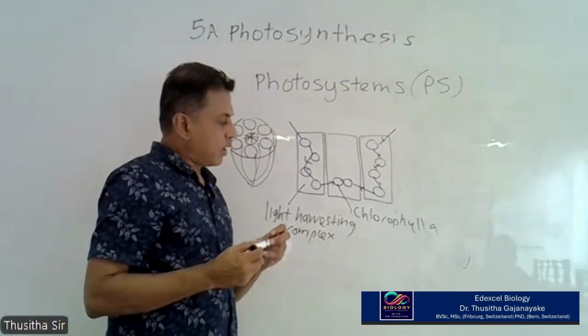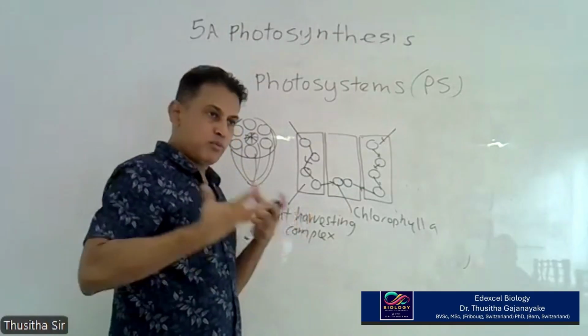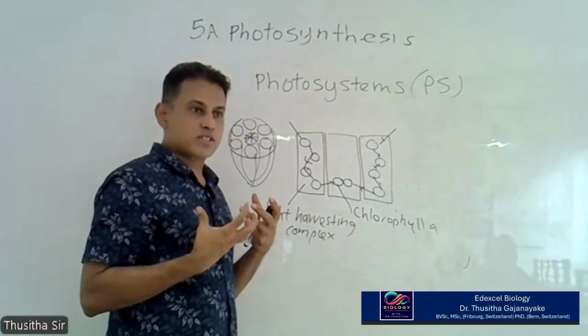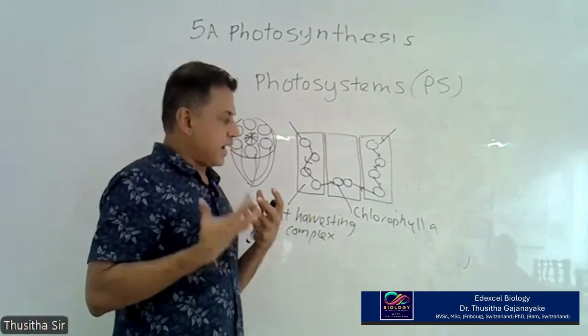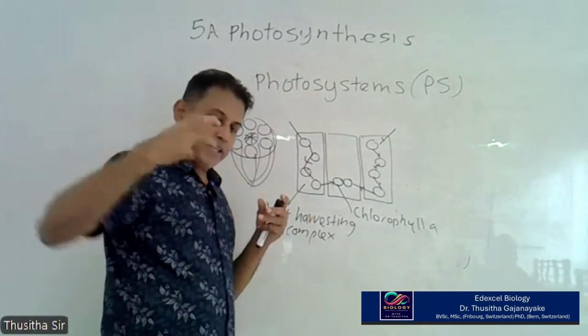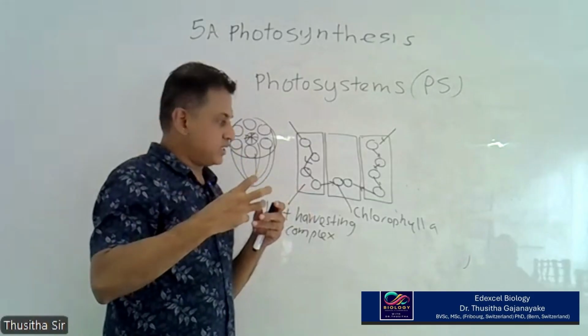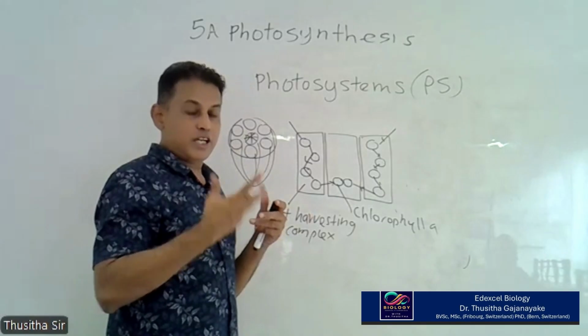Okay, now if the light is absorbed by the molecules, what will happen to the electrons? The energy is used by the atoms. And when it is loaded with energy, who would like to leave first? Electrons.